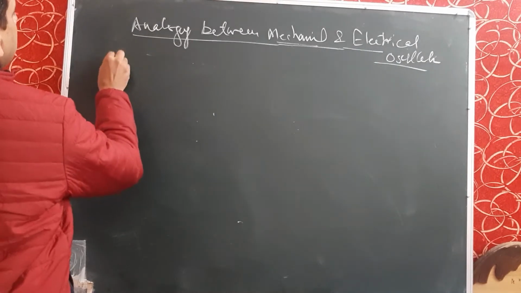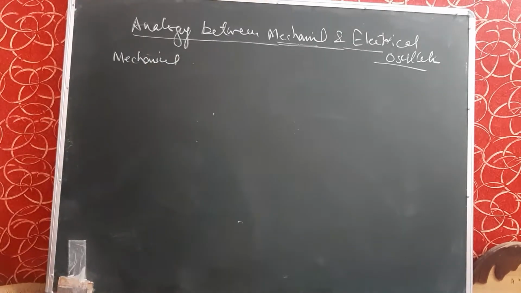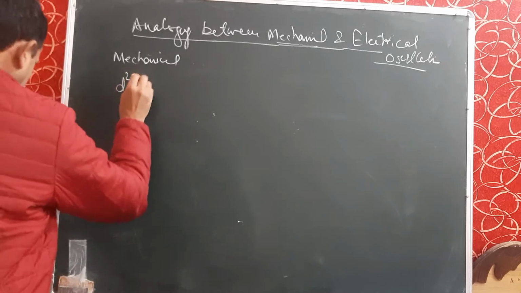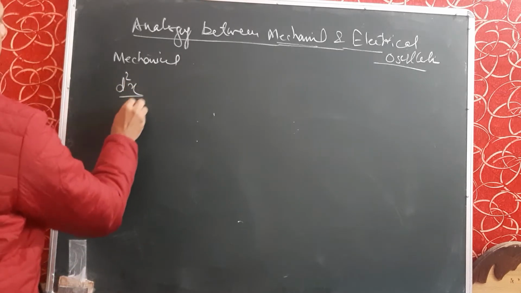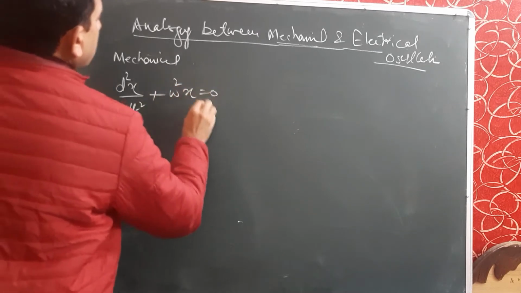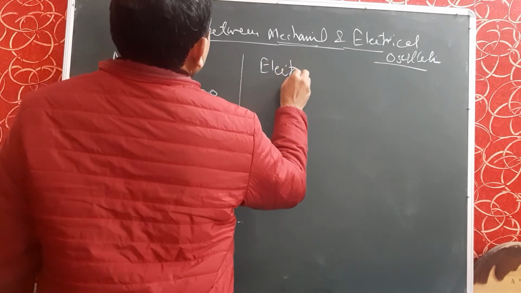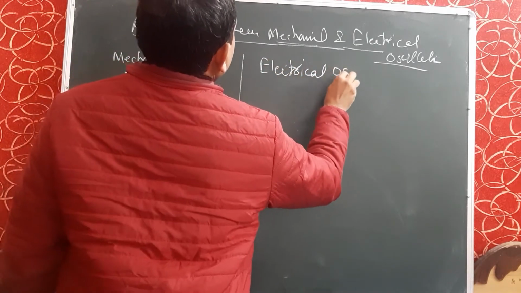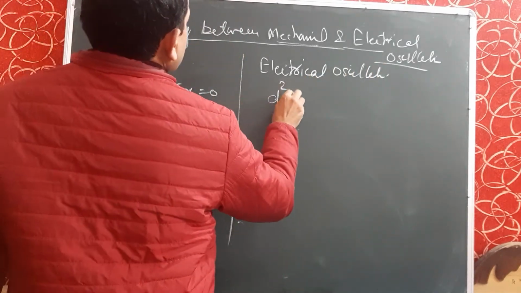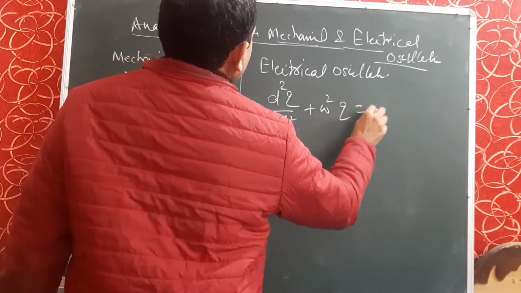In mechanical oscillator, the equation is d square x upon dt square plus omega square x is equal to 0, and in electrical oscillator this equation is d square q upon dt square plus omega square q is equal to 0.